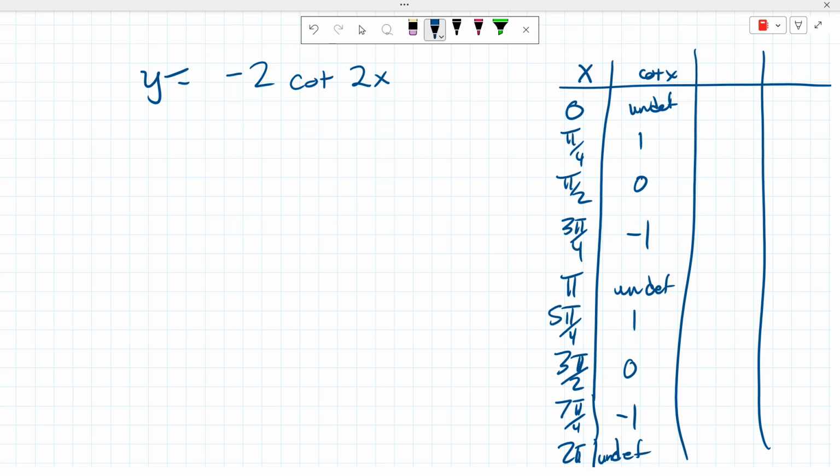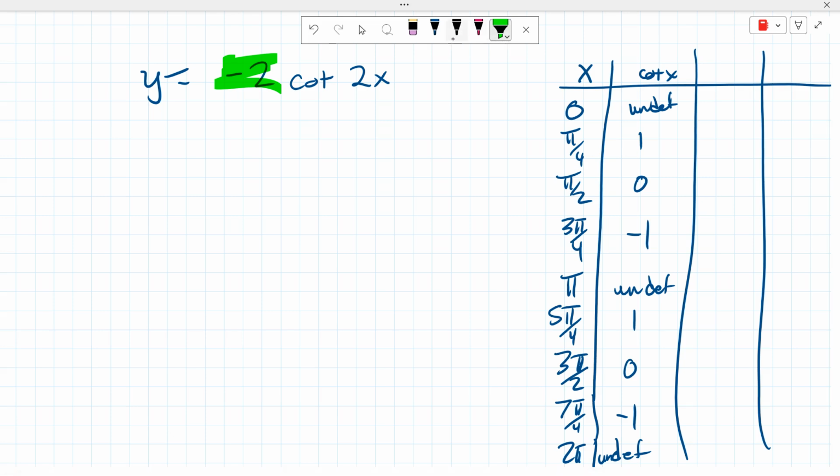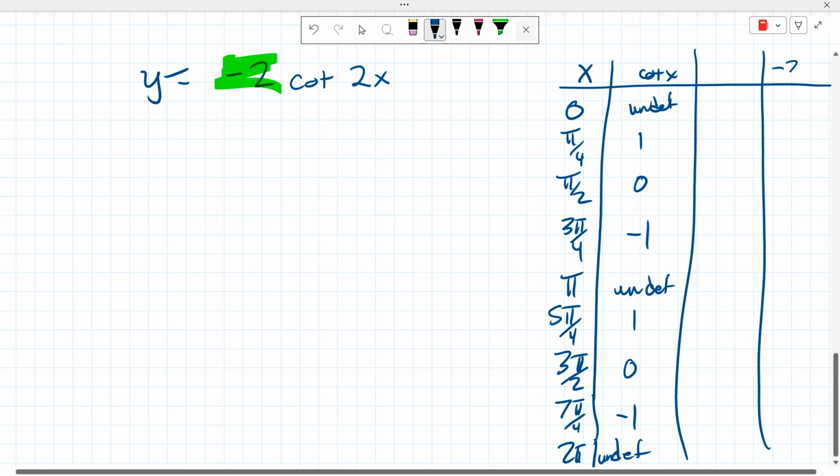The -2 out front, what does it affect? The x or the y? The y. So this affects the y.